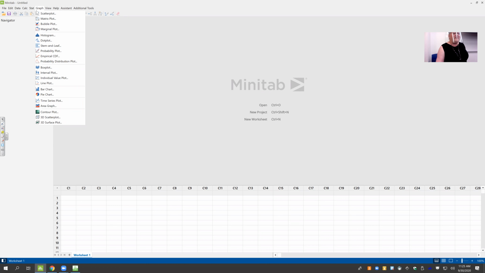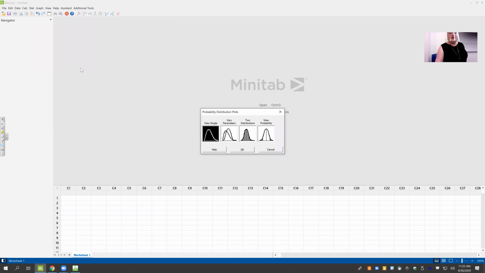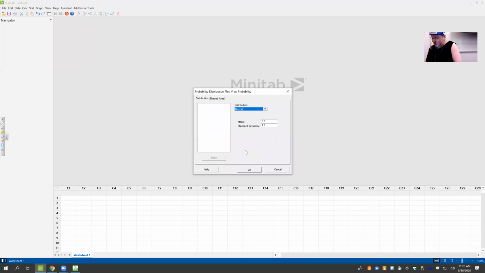So we go graph, probability distribution plot. And when you click it, our little wizard comes up. And there's different things that Minitab will do. We are looking for the probability. So you always choose view probability and click OK.